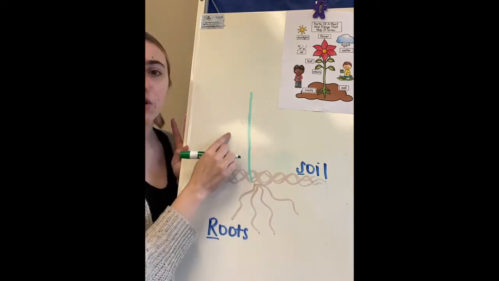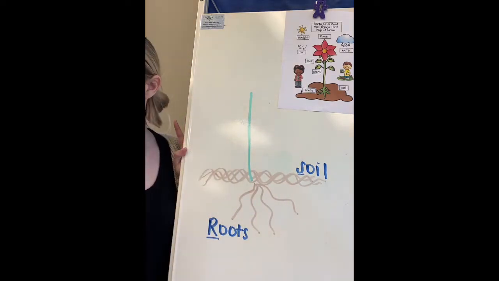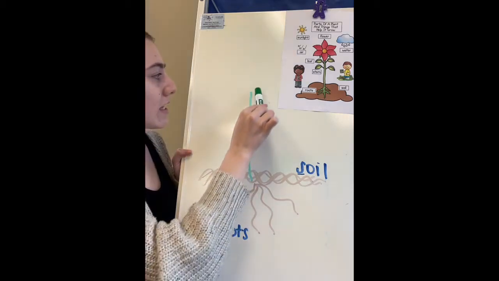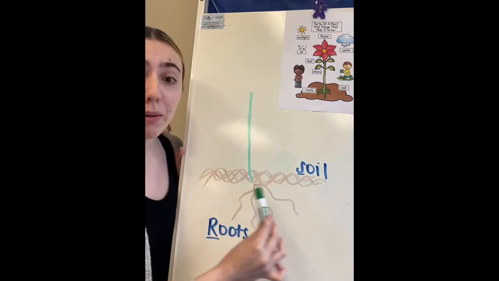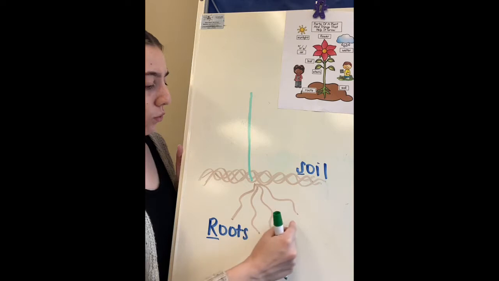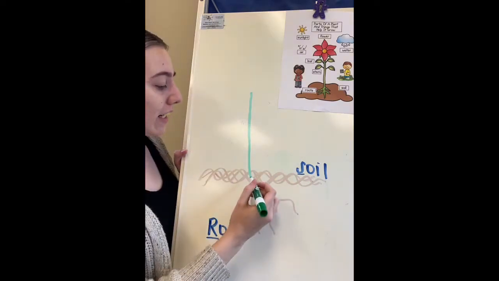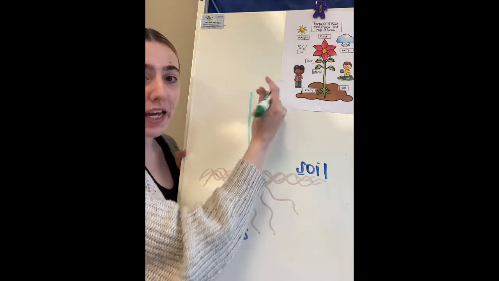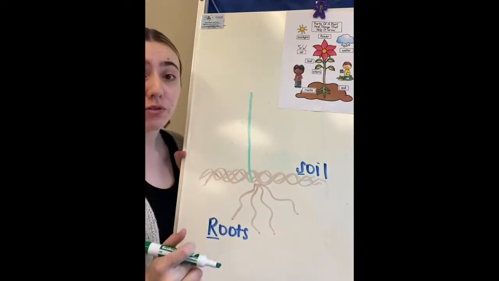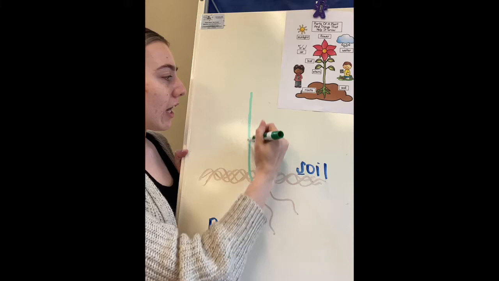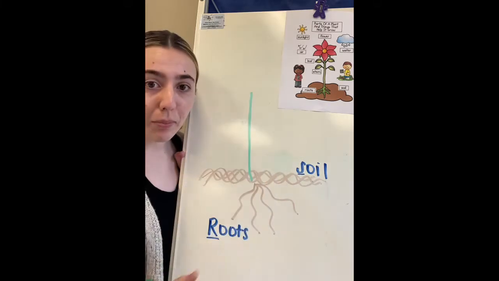Now let me tell you what the stem does. So the stem is the one who carries, so you remember how our roots were the ones who absorbed all the water? Well, the stem is kind of like a long slide up to our flower, up here, our petals, and it's the one who carries the water all the way to the top of the flower.